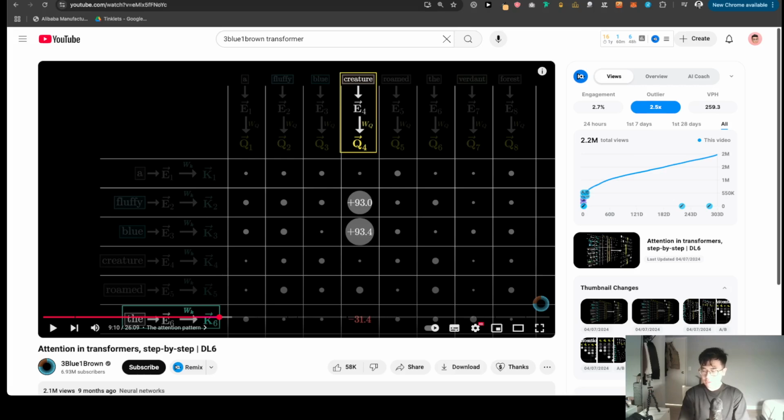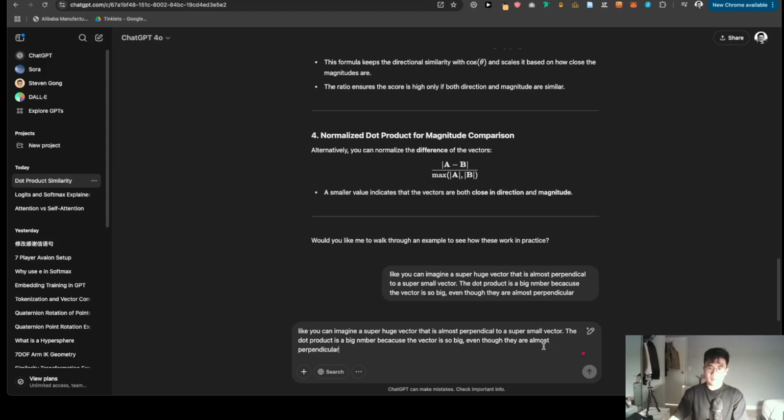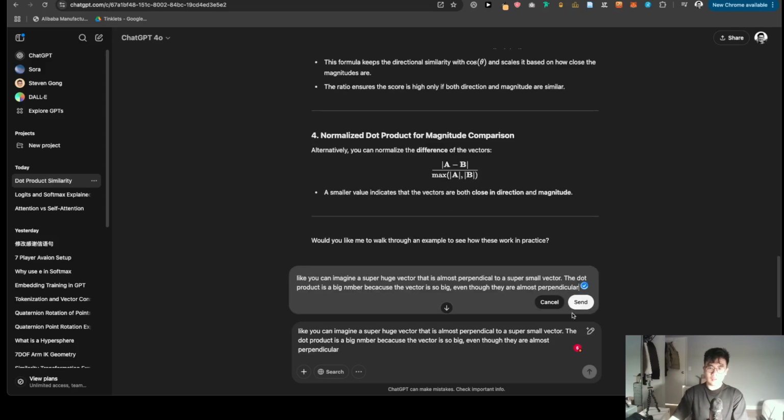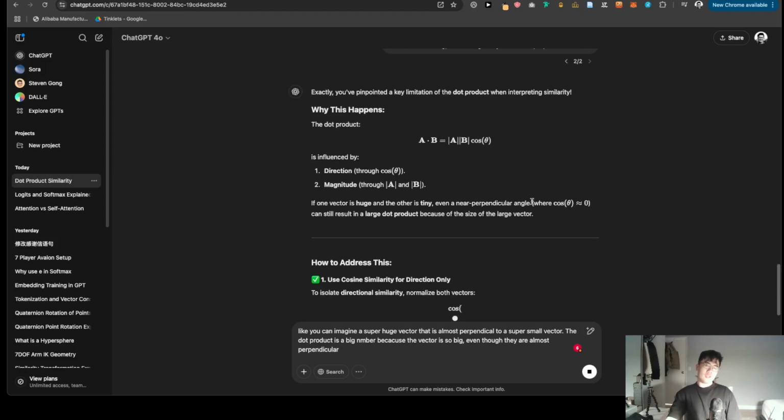But you could have two vectors where one's super big, and even though their cosine is almost equal to 0, because the magnitude is so big, it's similar to every other vector. So yeah, I think you should normalize it.